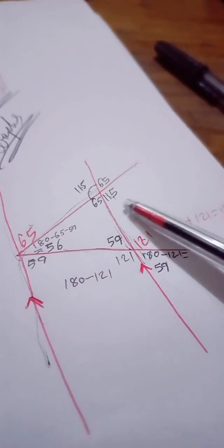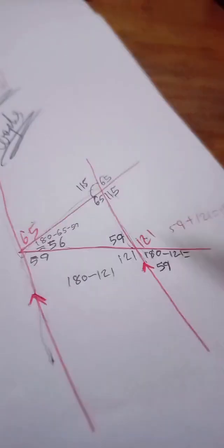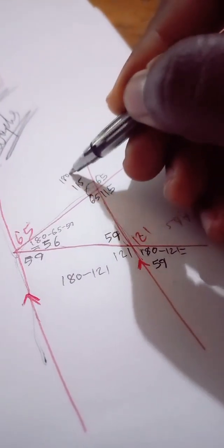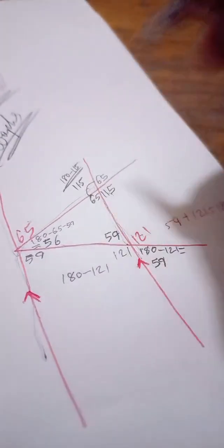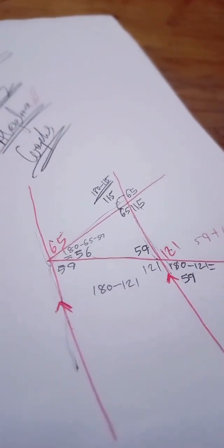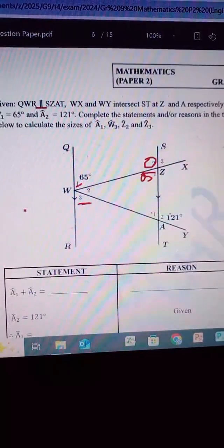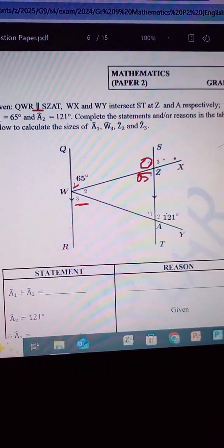You come here. To get this 115, we said 180 minus 65. From there, Z3 is this one.